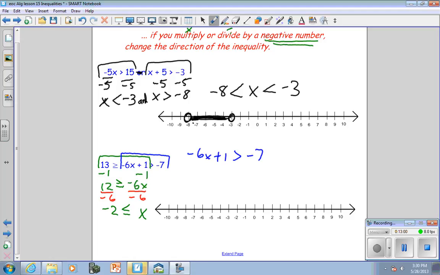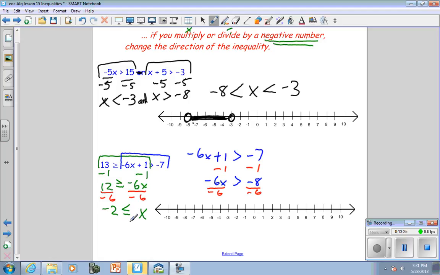Now I'm going to solve for x. The first thing I do, I subtract 1. That gives me -8 on the right. No direction changed on the inequality, and -6x remains there. The next step is, of course, to divide by -6 on both sides.